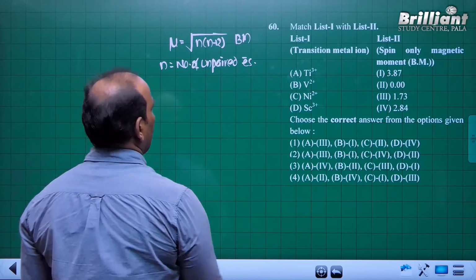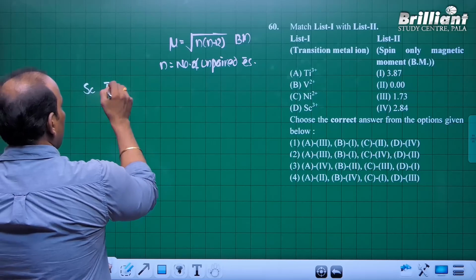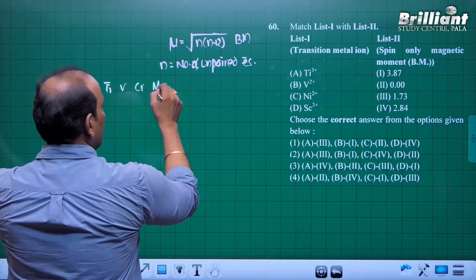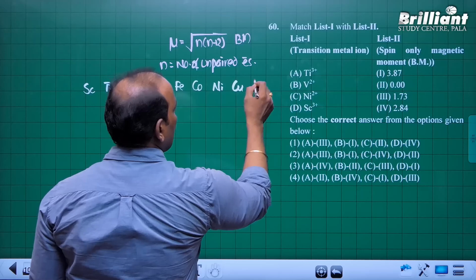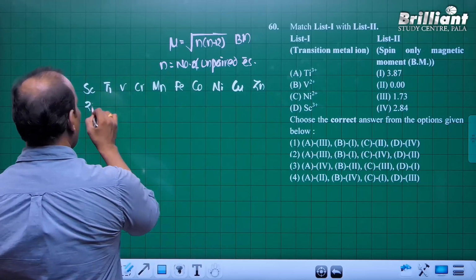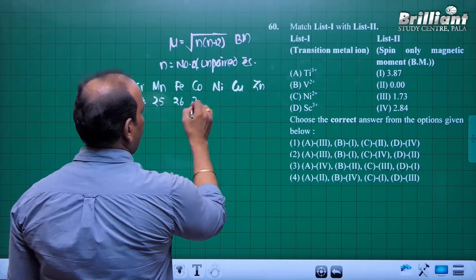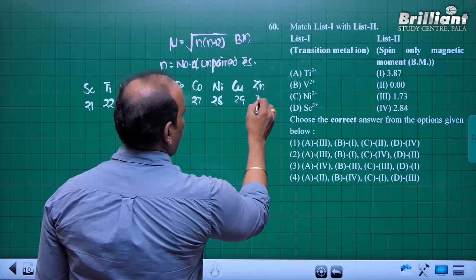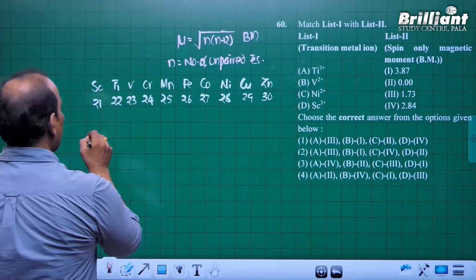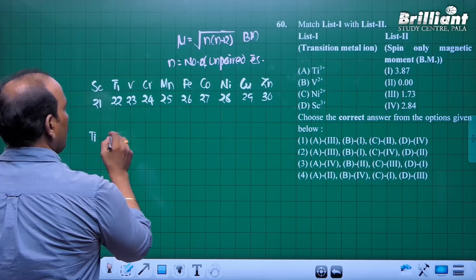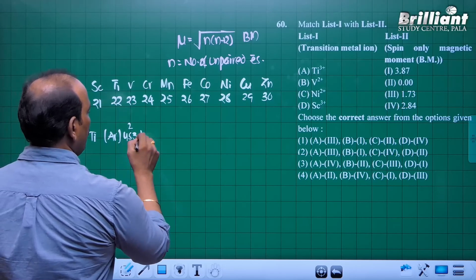Now we go to scandium, titanium, vanadium, chromium, manganese, iron, cobalt, nickel, copper and zinc. This is 21. The first one here is titanium: argon core, 4s2 3d2.